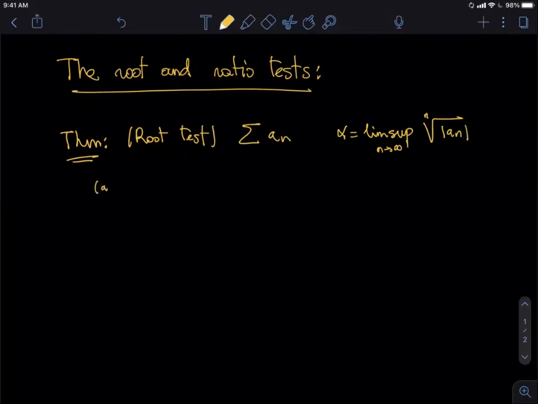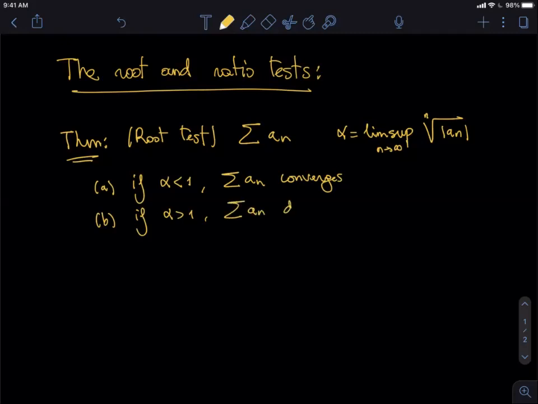And then there are three cases. If alpha is less than 1, the sum of the an converges. If alpha is bigger than 1, the series diverges.